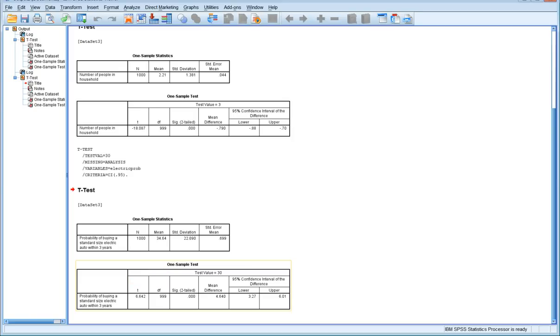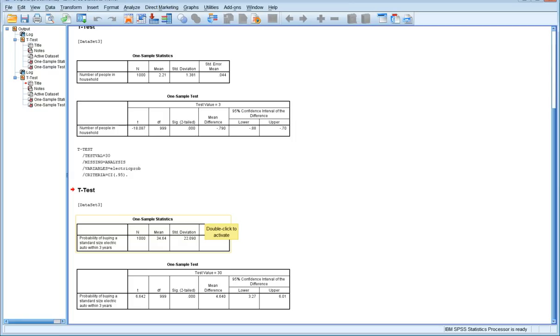Well, if it is different from 30, what is it? Is it greater than or less than? We look at the sample mean, which indicates that it is greater than 30. Again, this conclusion is not the absolutely precise statistical way to say it, but for practical reasons, it's perfectly fine. It is widely used. So we can conclude that the probability of buying a standard size electric auto within 3 years is greater than 30.